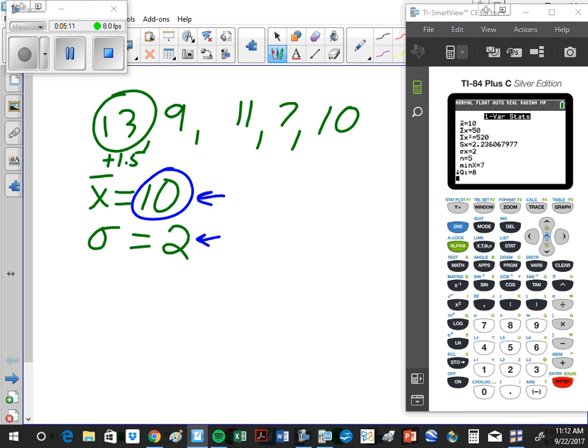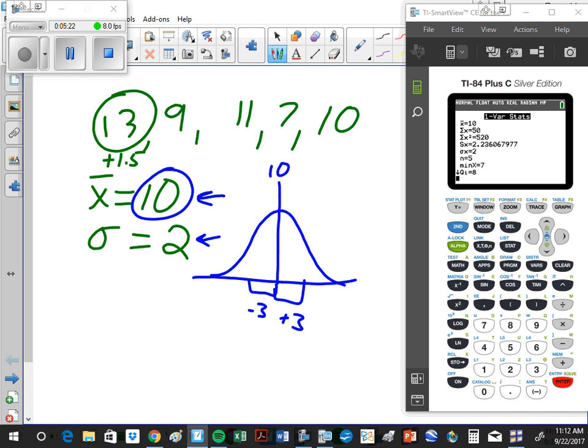So if I were to do my normal curve, okay, this is 10, and this is minus 2, and this is plus 2, right? I want to graph 13.